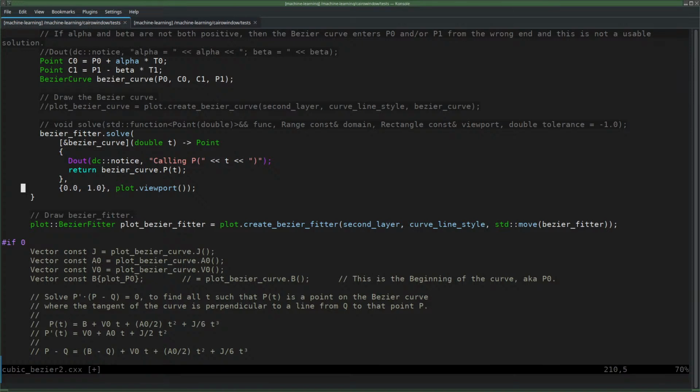What is the problem here? The problem is that this Bezier curve must exist. It is now pre-calculated.